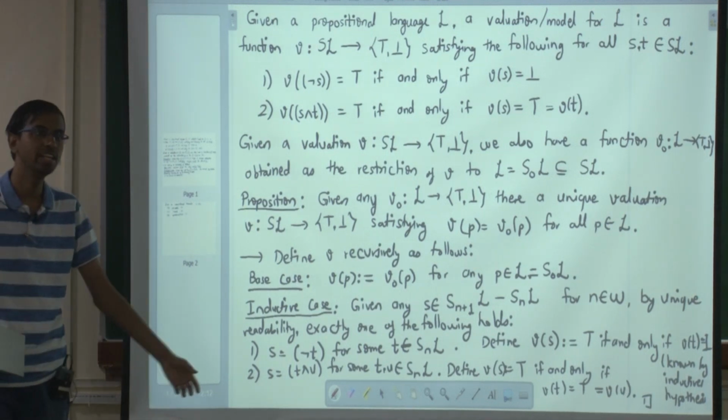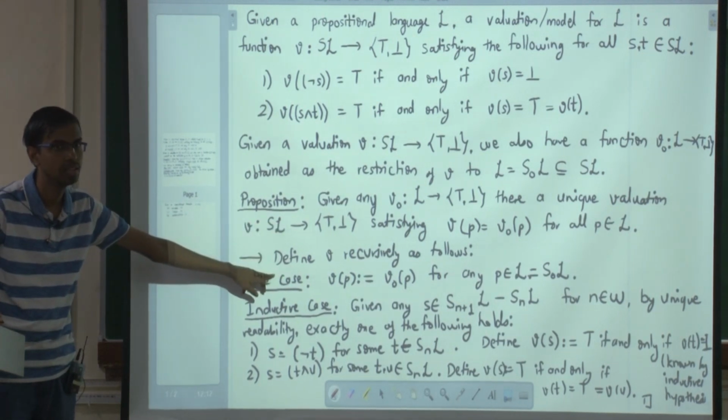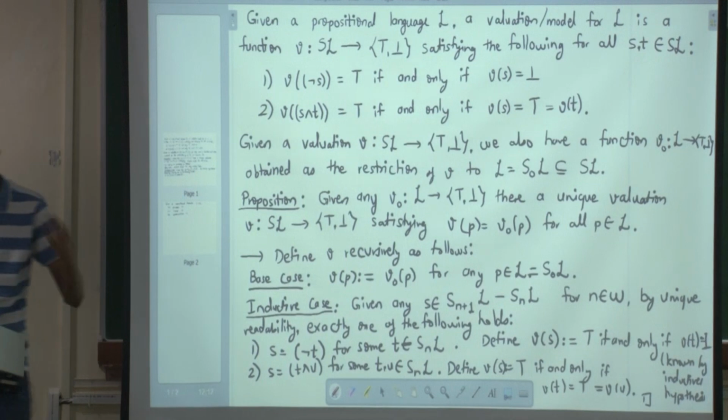And that's how you define a function. It clearly agrees with V_0 on L, and that's the end of the proof.